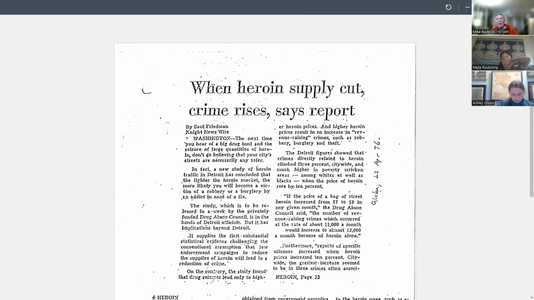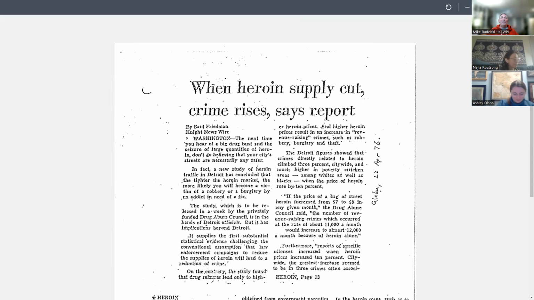In a similar vein, we have a newspaper article here that was written by Saul Friedman for the Night News Wire, and it appeared in the Boston Globe. This man was not writing this for a system dynamics exercise. In fact, for all I know, he has no idea that to this day this one article, out of the gazillion newspaper articles he probably wrote over his career, is used around the world in system dynamics classes. Okay, so my point is, it's a regular newspaper article.